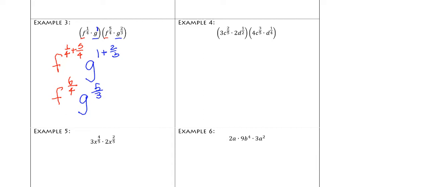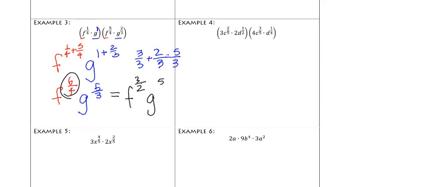So 1 can be changed into 3/3, plus 2/3, and that's how we get 5/3 for our exponent. 6/4 can be simplified though. So that will be f to the 3/2 power, g to the 5/3 power. That's your final answer.